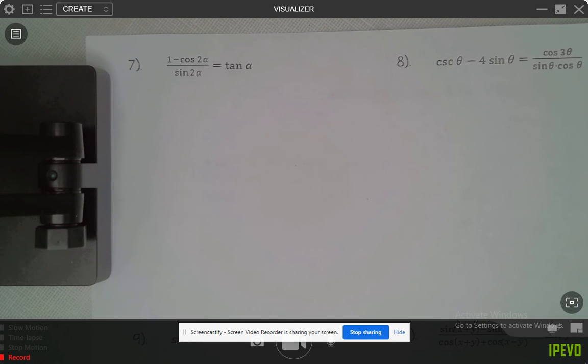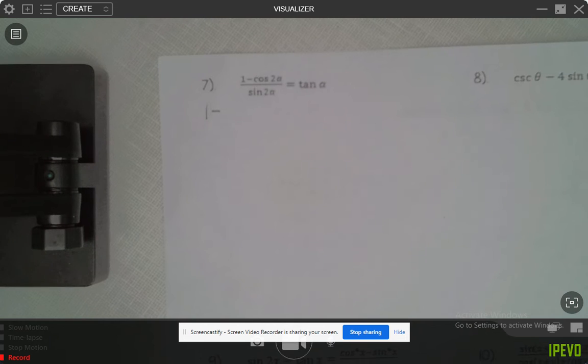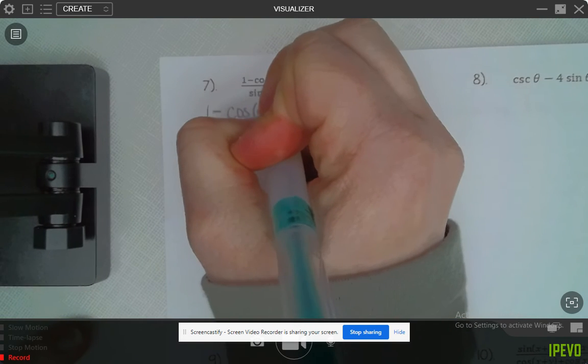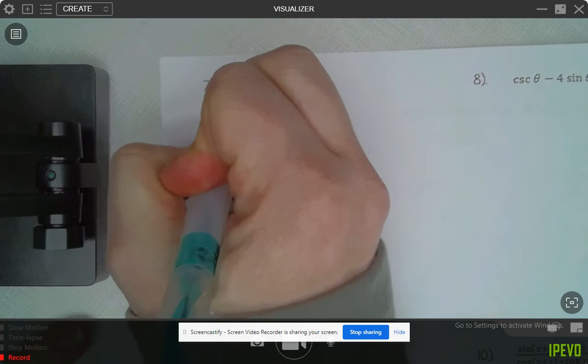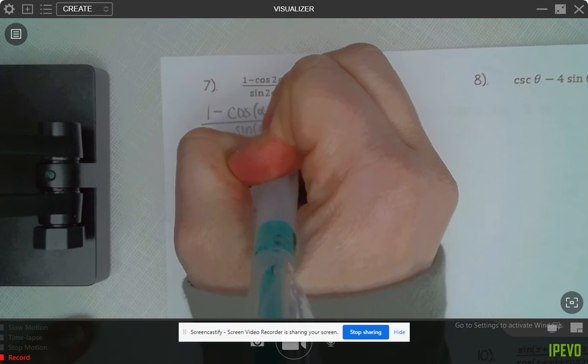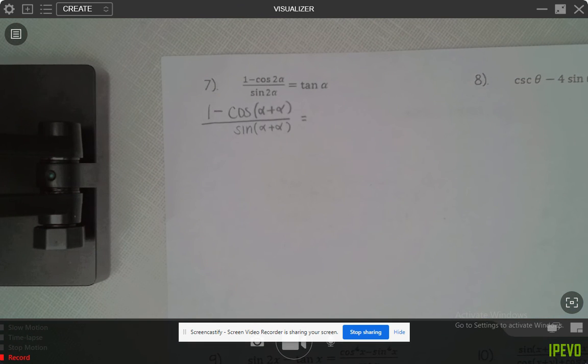You're going to separate the alphas, right? So I'm going to write this as 1 minus the cosine of alpha plus alpha divided by the sine of alpha plus alpha. Everybody okay with me there?